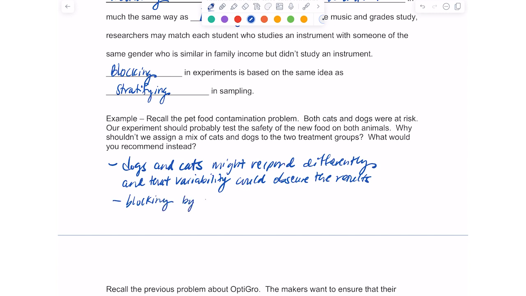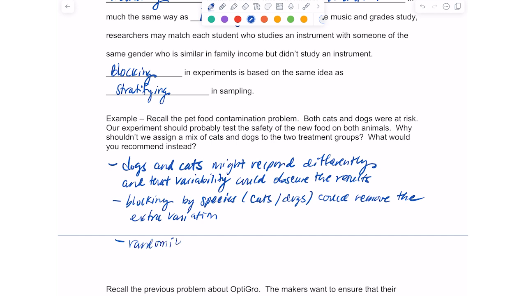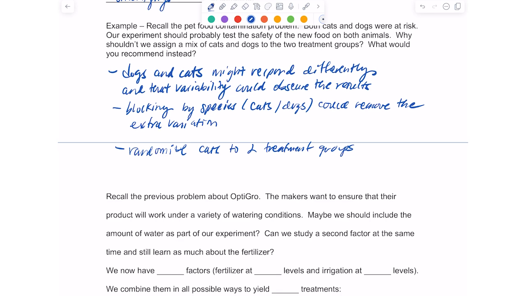So blocking by species, and we mean like cats versus dogs, could remove that extra variation. So just as we did with the dogs, my recommendation would be to randomize the cats to the two treatment groups. Same as with the dogs, where you have the test food and the safe food.